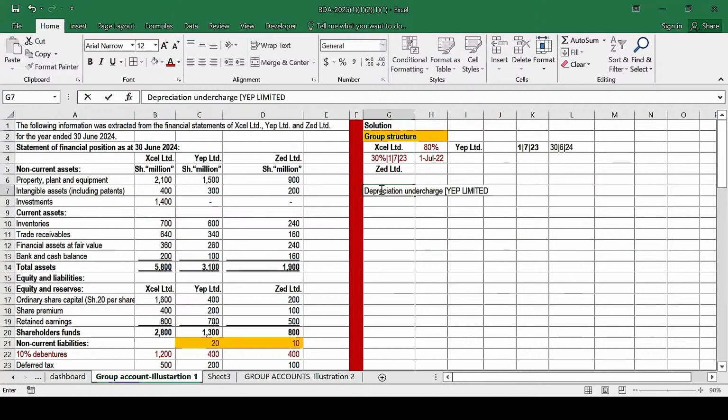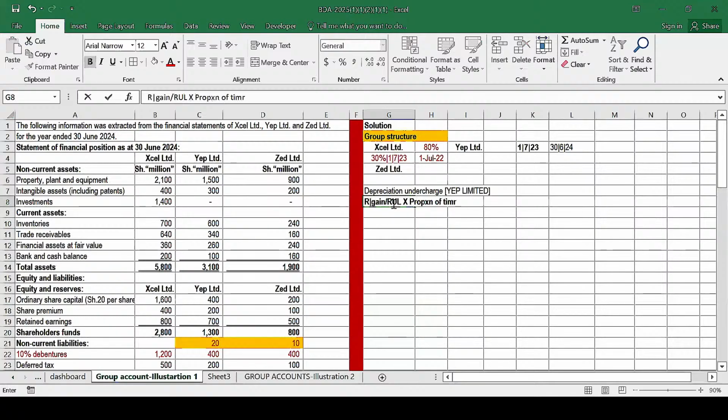And I hope you can also recall how we were computing this depreciation overcharge. This one is usually computed by taking the revaluation gain, we divide that by the remaining useful life of the asset, and then we multiply that by the proportion of time.